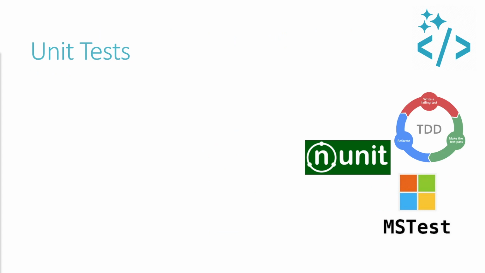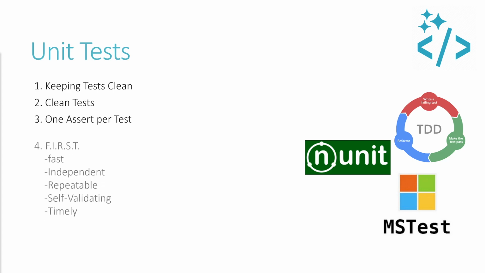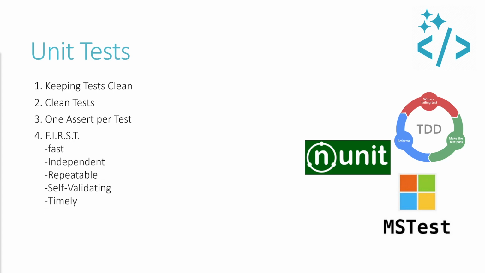Talking about clean coding, we have to talk also about unit tests. Unit tests should have the same code quality as production code, so we should strive to keep our tests clean. We should have clean tests, one assert per test. We have these principles of unit tests, the acronym FIRST: unit tests should be fast, independent, repeatable, self-validating, and timely.